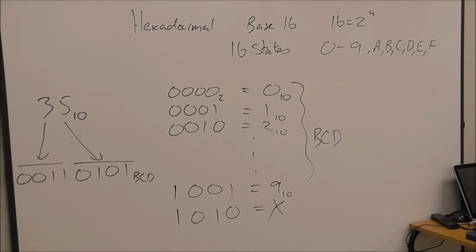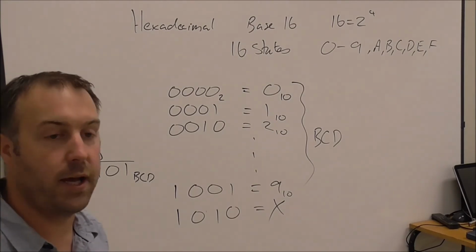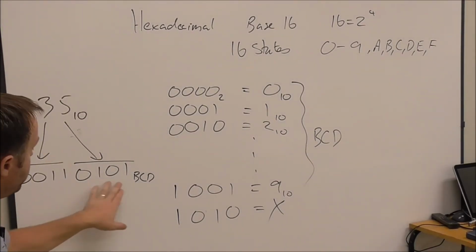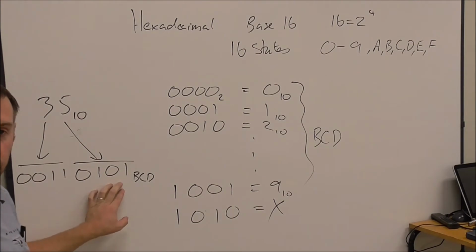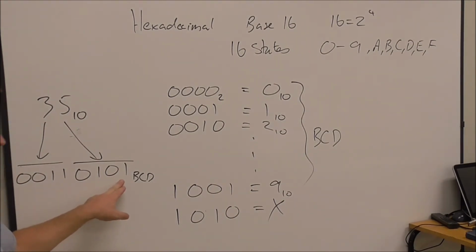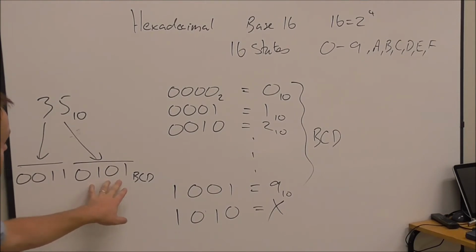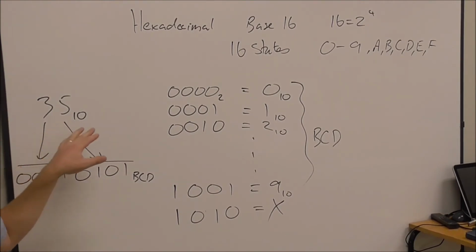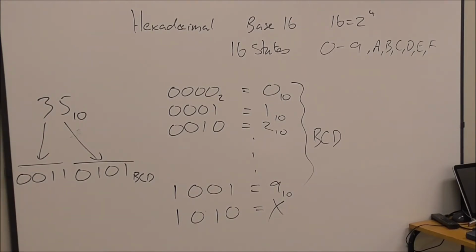Okay? So when I have a circuit that might have a 7-segment display on it, and I input this binary coded decimal on it, because it's a digital circuit, it needs a binary coded decimal input, and if I had it set up right, it would display 35. Okay? So any binary coded decimal symbol I can create a value from in the same way.